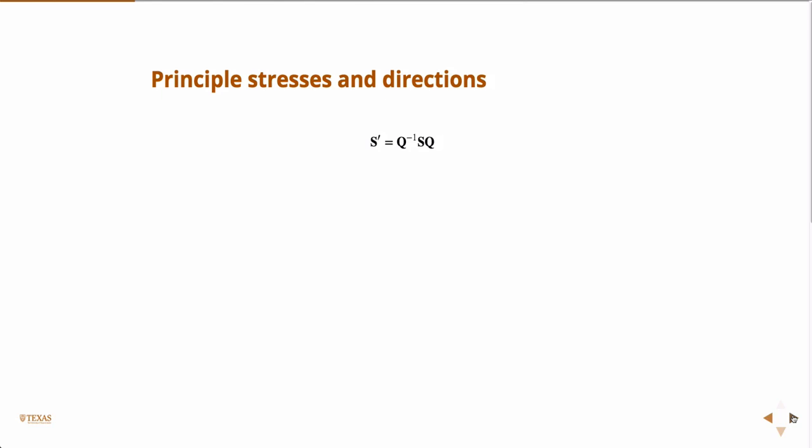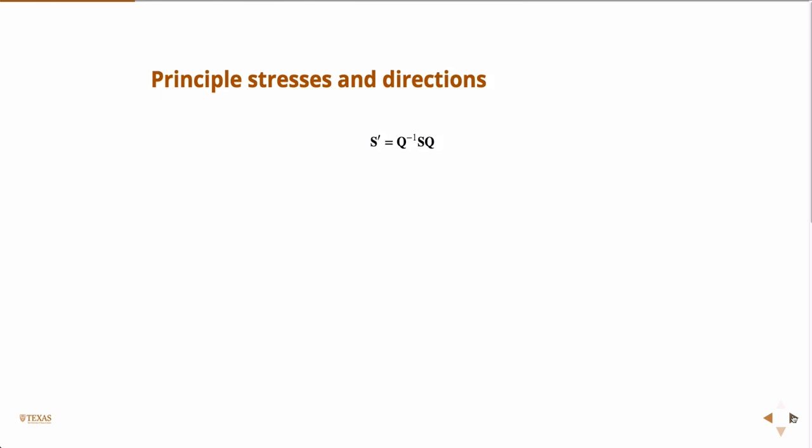So it turns out that we can use this. Remember, in the linear algebra lesson, we talked about matrix transformations. It turns out that if we have our tensor S, there is a particular matrix Q that will turn S into a diagonal matrix.